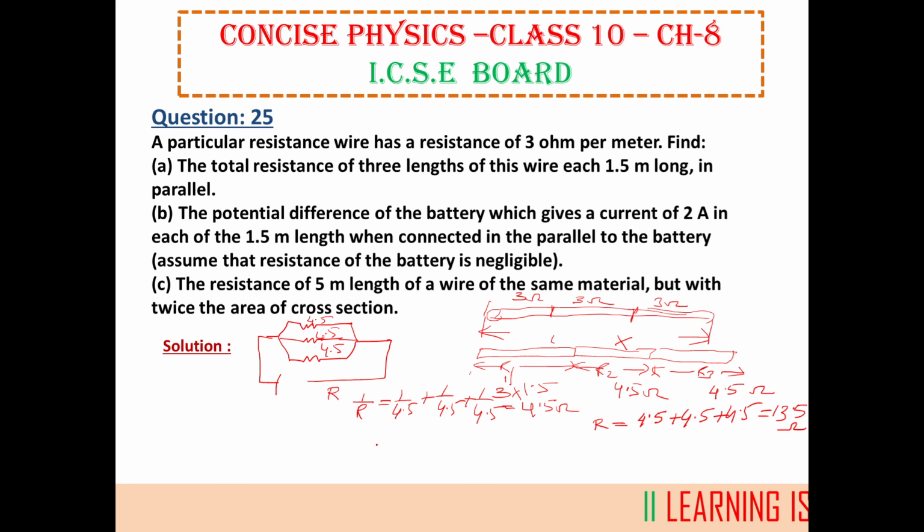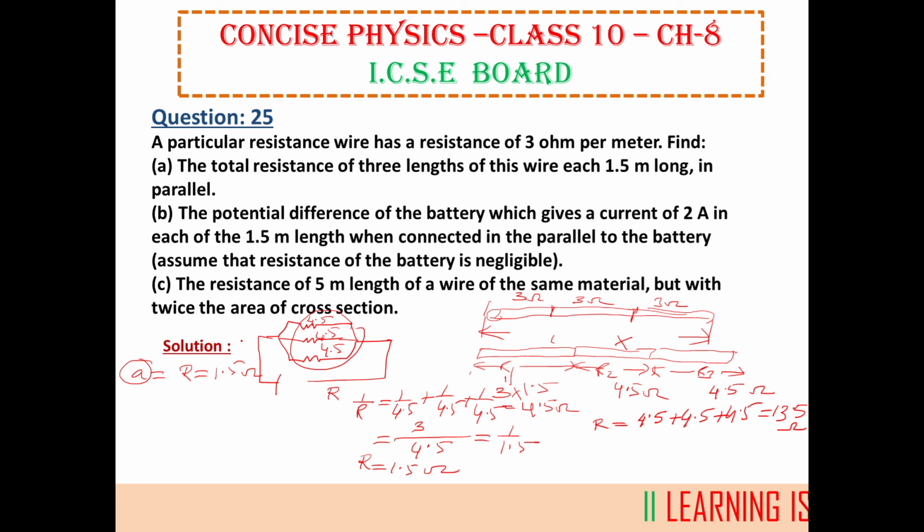So on simplification, 4.5 is the LCM, here will be 3. So finally we are getting 1 by 1.5. So R will be 1.5 ohm. So the total equivalent resistance of the circuit will be 1.5 ohm. So question number A is solved. Here resistance is 1.5 ohm.